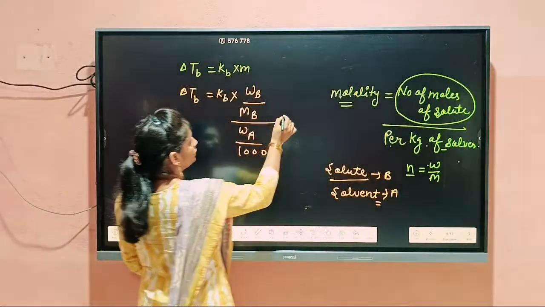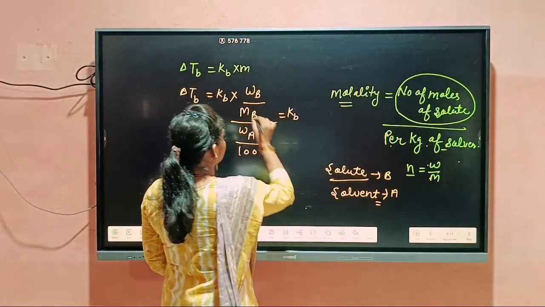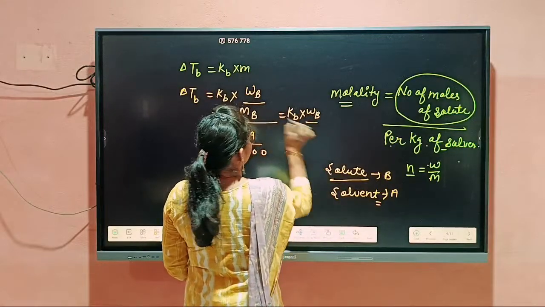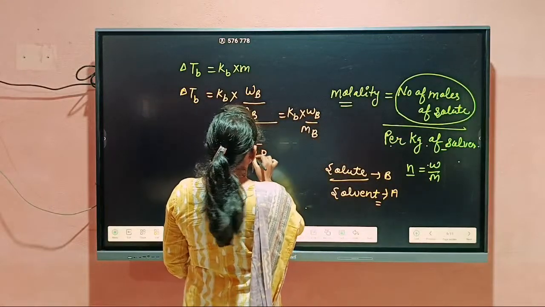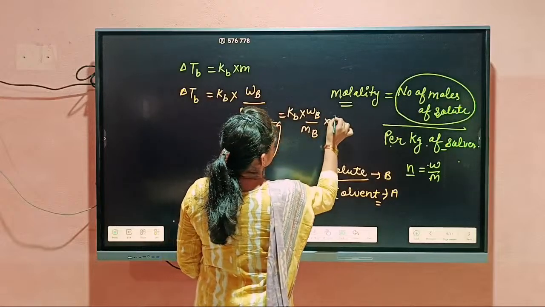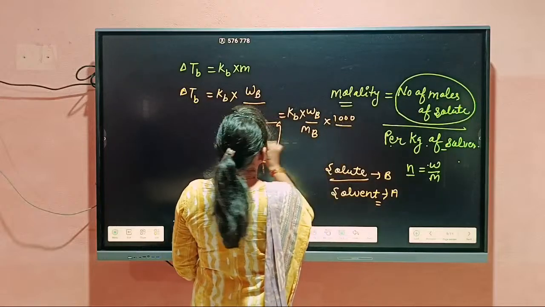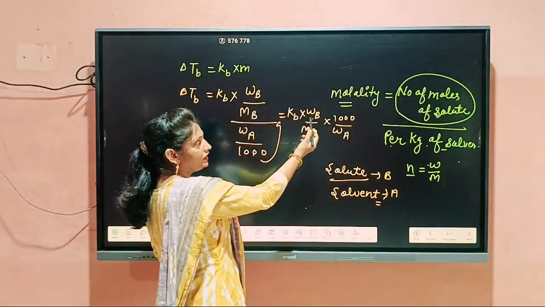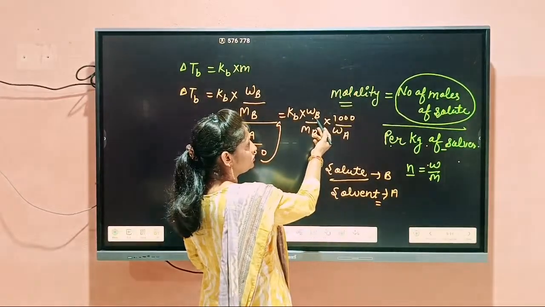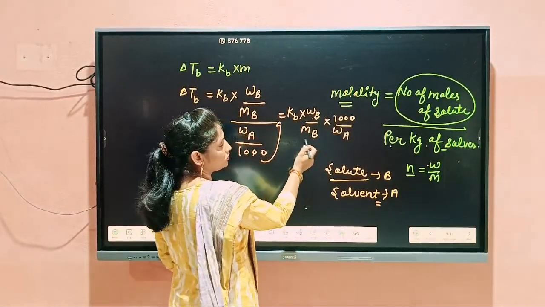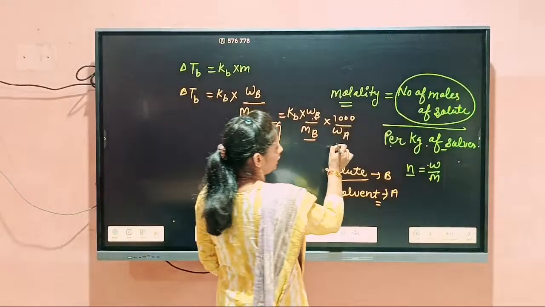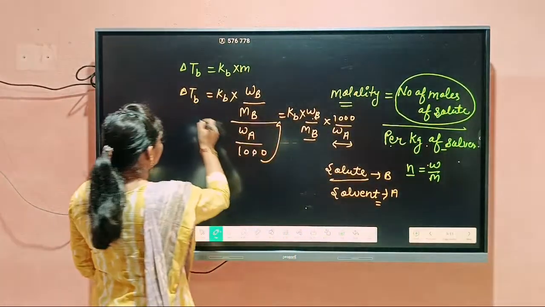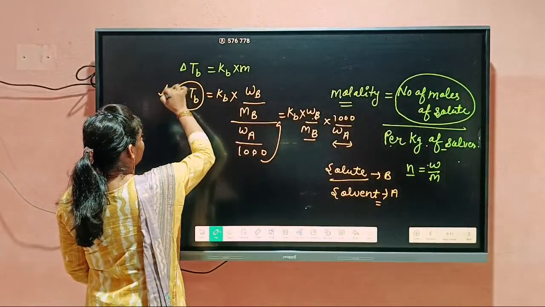So we can write Kb into Wb by Mb into 1000 by Wa. Here Wb is the given mass of the solute, Mb is the molecular mass of the solute, and Wa is the given mass of the solvent. So this is the formula for elevation in the boiling point.